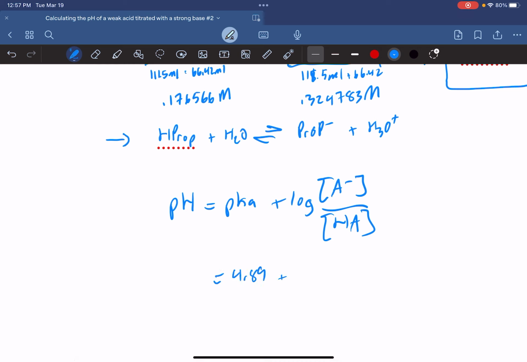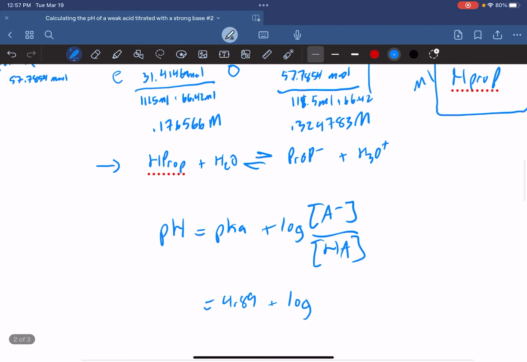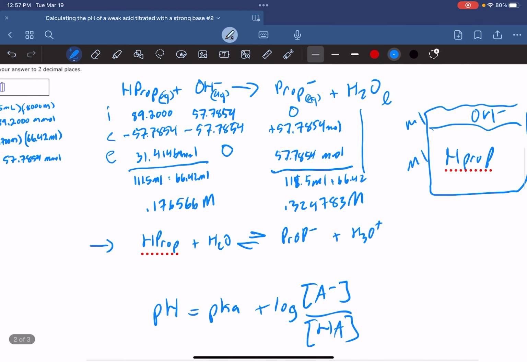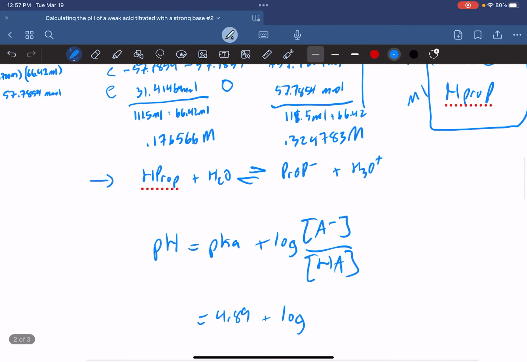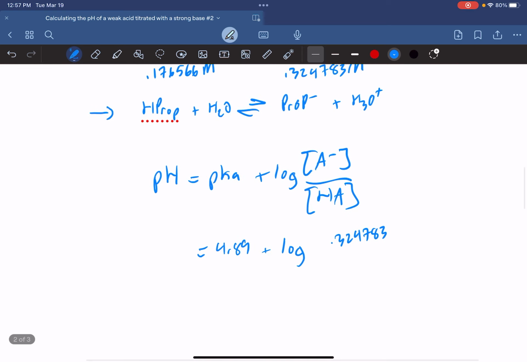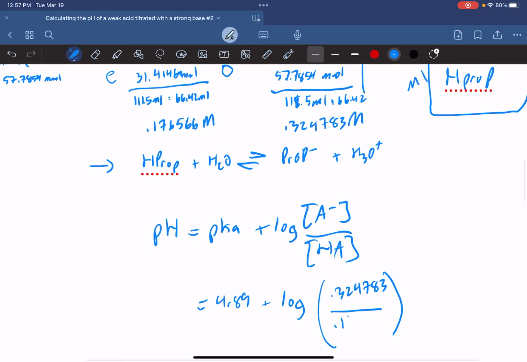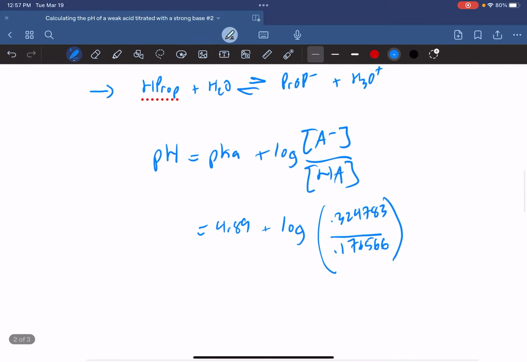We're going to then take the log of our base, our prop minus, which is 0.324783, all of that on top, divided by 0.176566.